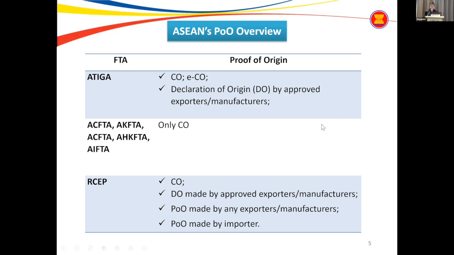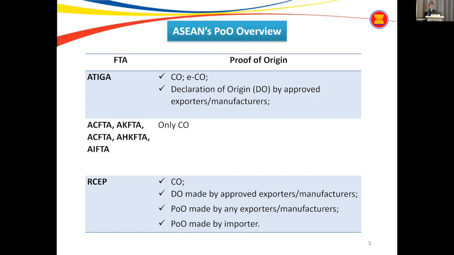And for ASEP, we have a lot of types of proof of origin: CO, DO, which means a declaration made by an approved exporter. We have DO for any exporter. We have DO for the importer. You see, it's very complicated.